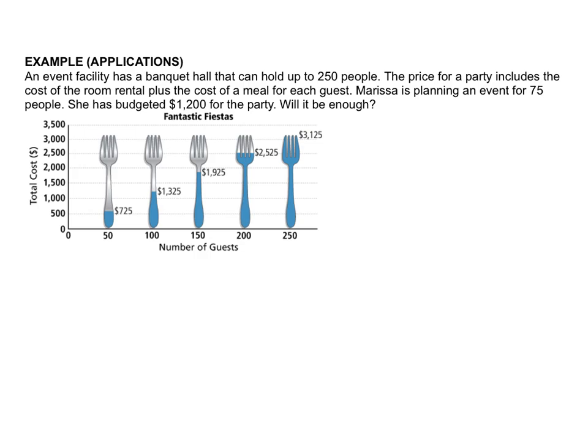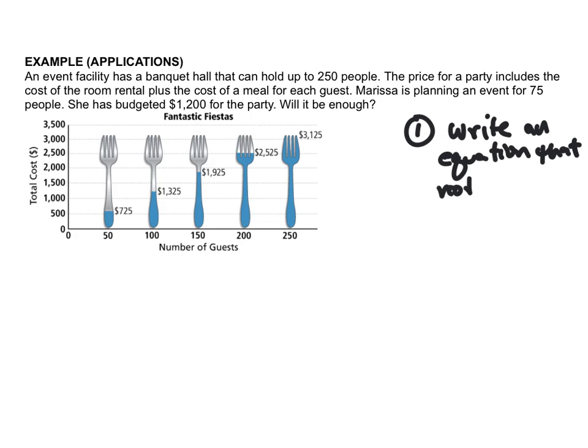What I want to do is create an equation. That's the first thing I'm going to do. I'm going to write an equation that models this situation, and then I'm going to use that equation. So the first thing I want to do is look at these values. I have a couple of points on this graph, and I'm concerned about Marissa planning an event for 75 people, so I want to figure out, at 75 people, what is the cost?